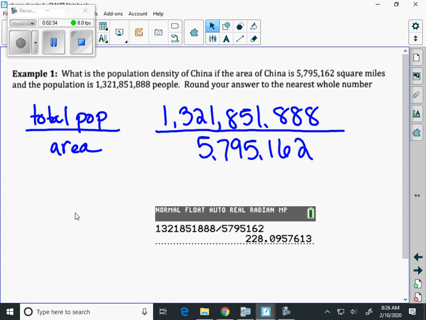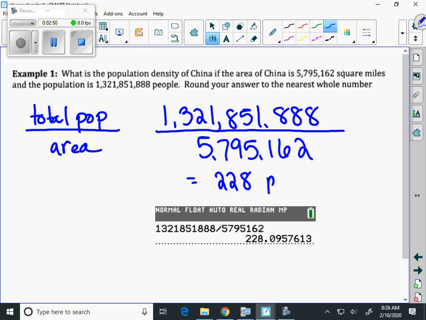There's 228.0957613 people per square mile. We oftentimes round the people to the nearest whole number, which is 228 people per square mile.